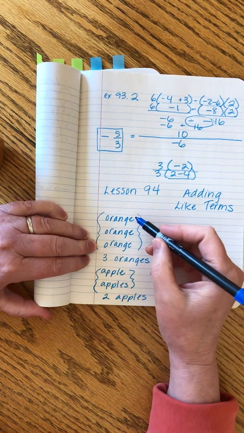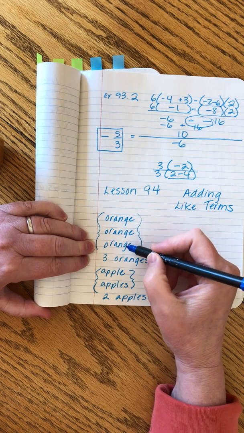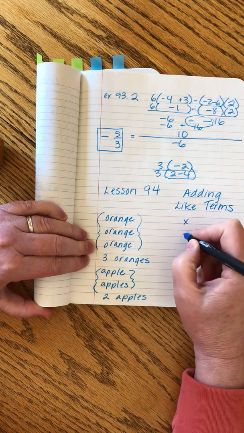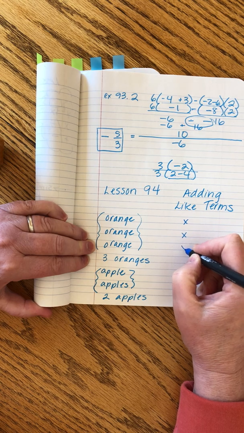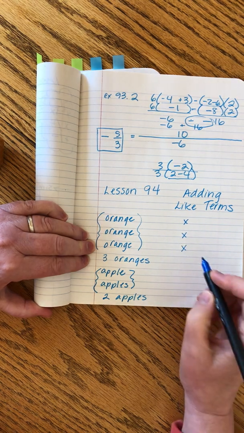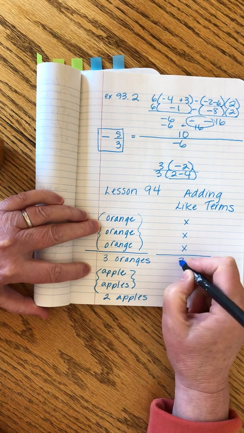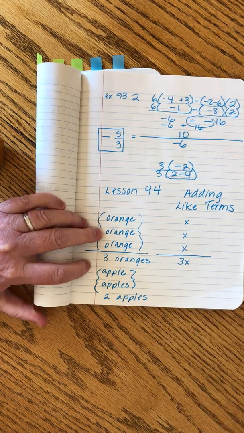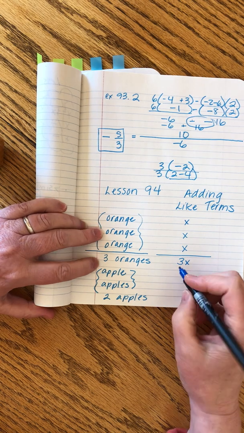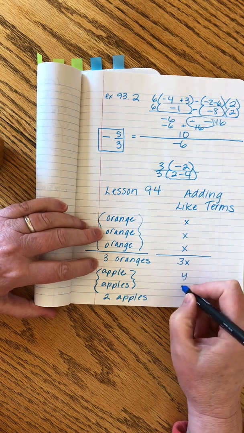Now, this is the way it works in real life, but we have a very similar thing that happens in algebra. Sometimes we're counting one variable, and we wouldn't call it oranges necessarily, but we might call it x. And we could add those up just like we added up our oranges, and we would say we have 3 x's. Makes sense, right? And then our apples, we might use a different letter.